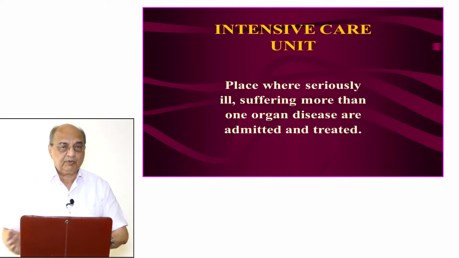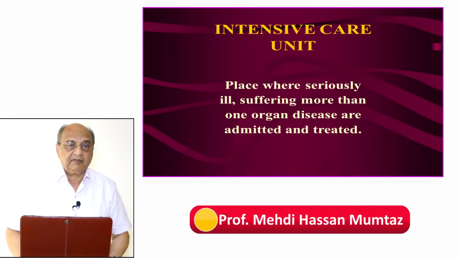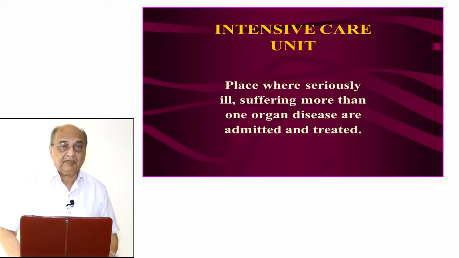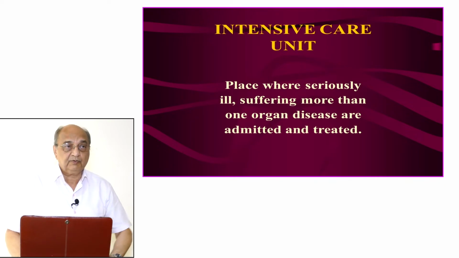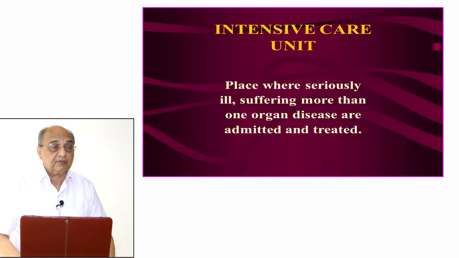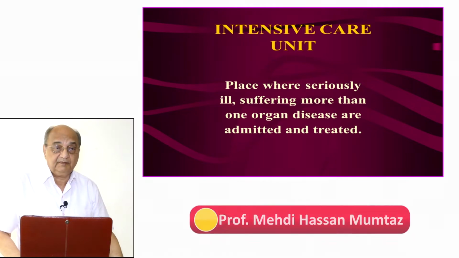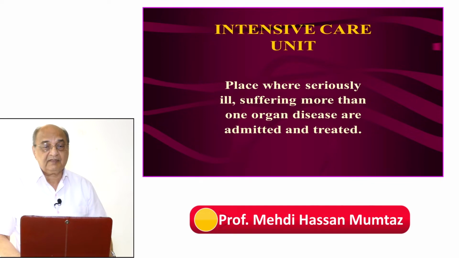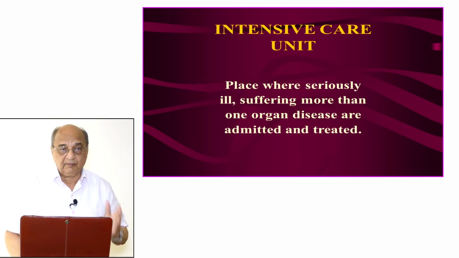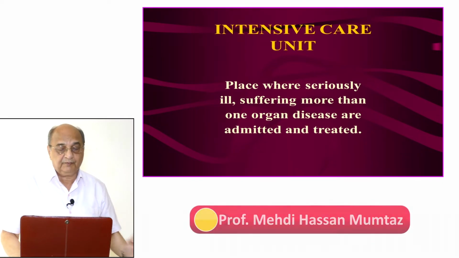If they suffer from more than one organ disease, then it becomes a level 3 patient, that is an intensive care unit patient. One exception to this is a patient who needs respiratory support. Even if only one organ support is needed, that's a level 3 patient. And level 4 is specialized intensive care unit, like neurosurgical intensive care unit, cardiothoracic intensive care unit, post bypass. So that is how we divide it: level 0, level 1, level 2, level 3, and level 4.